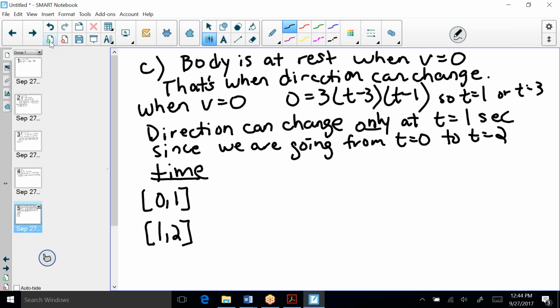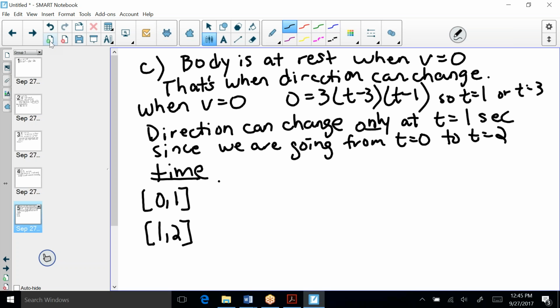This is asking us to find the total distance traveled. So we want to find the distance traveled between 0 seconds and 1 second, and that will tell us the total distance traveled in that first second.